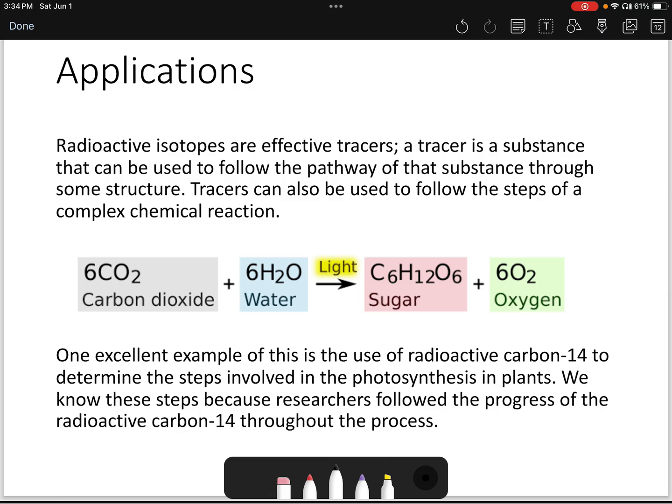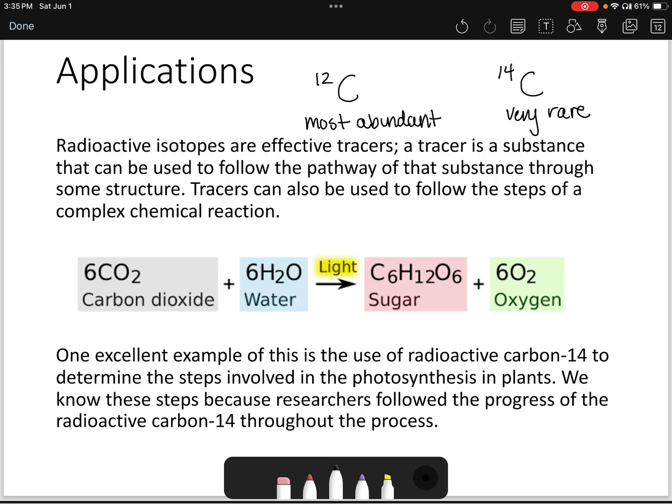Now, one way that you can figure out the actual steps involved in this reaction is by replacing some of the carbon with carbon 14. So remember, carbon 12 is the most abundant isotope of carbon. Carbon 14 is very, very rare.